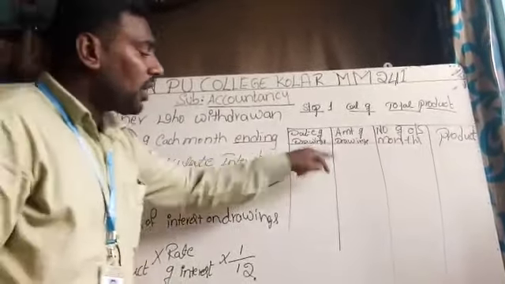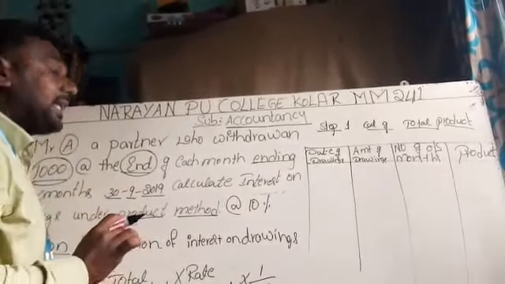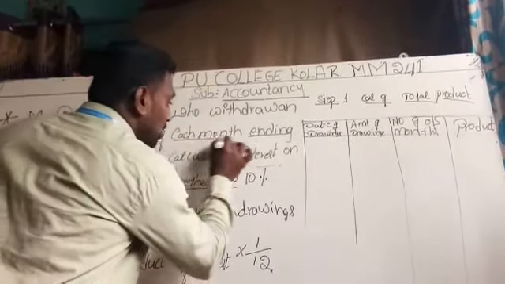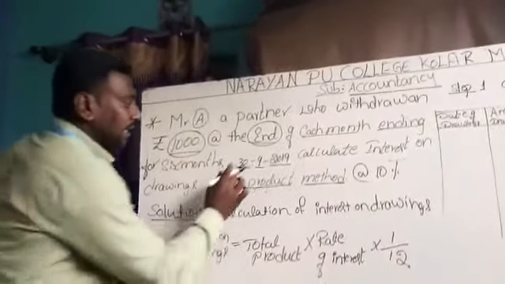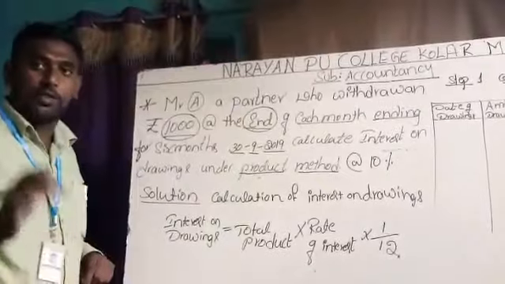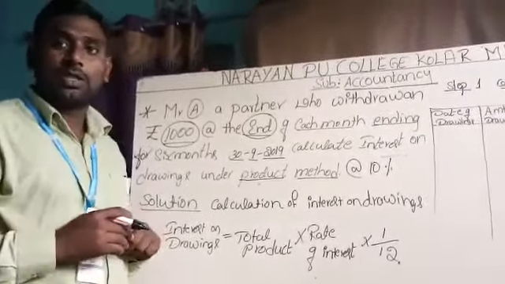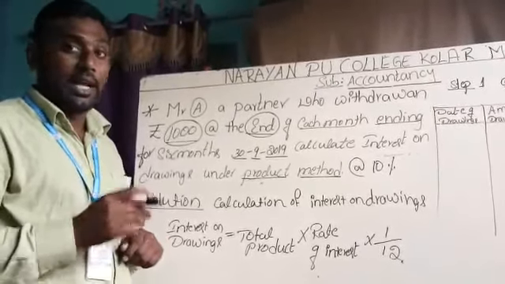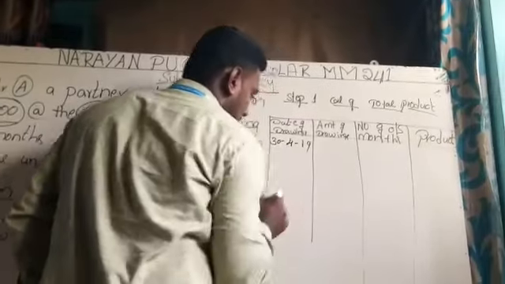For the date of drawings, they have not given a particular date, but they have given a hint: at the end of each month, for 6 months ending 30th September 2019. Beginning of the month means we consider from 1st April. But in this question they have given the end of the month. So we have to write the end date of each month: April 30, 2019.